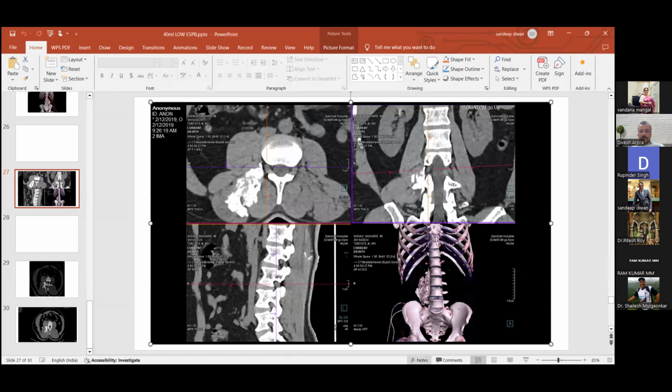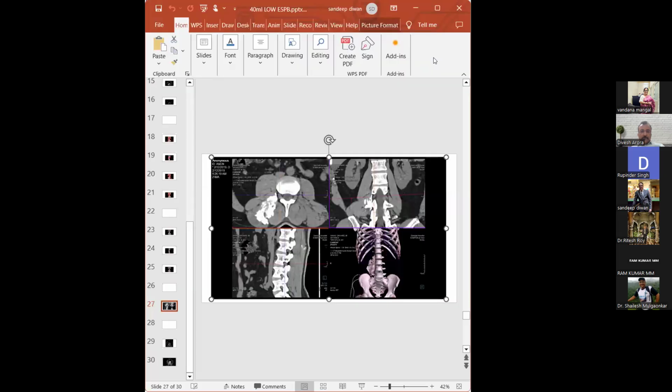Sir, carrying forward that erector spinae plane block, I had an interaction two days back with Dr. Ki Jin Shin, and we were discussing the same thing.